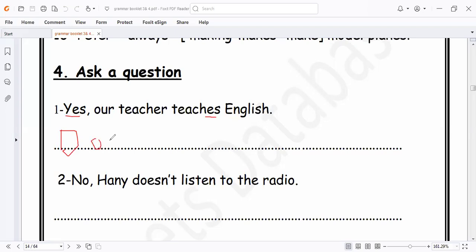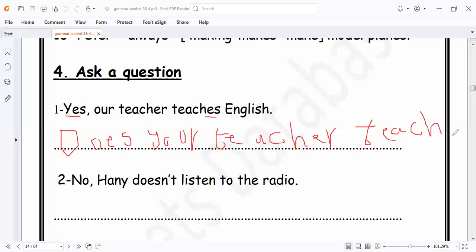So the sentence will be: does your teacher teach English? Here we omit the s from teach because we have does. And I will put the question mark at the end of this.